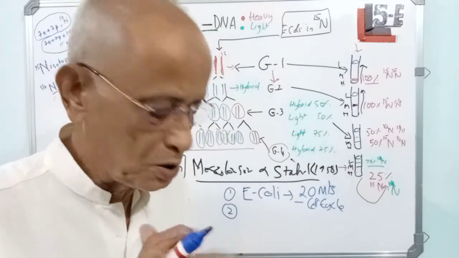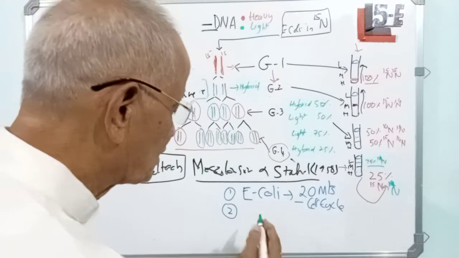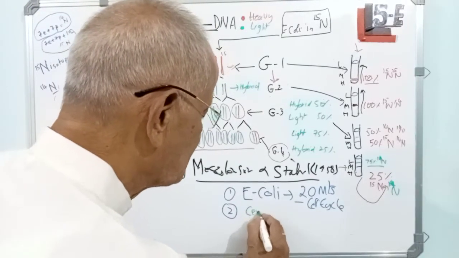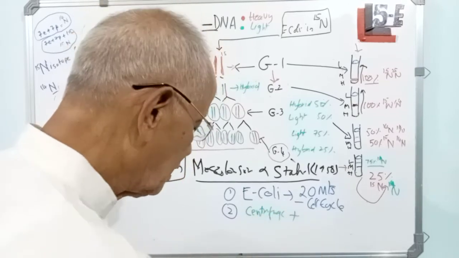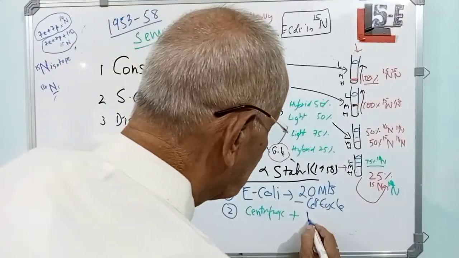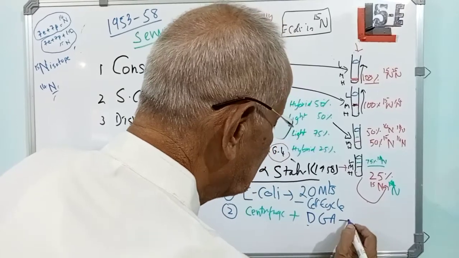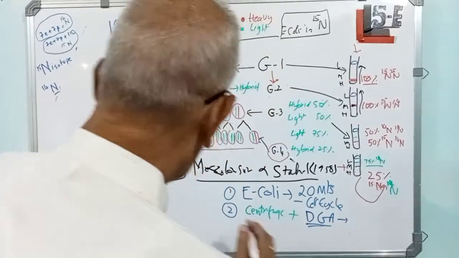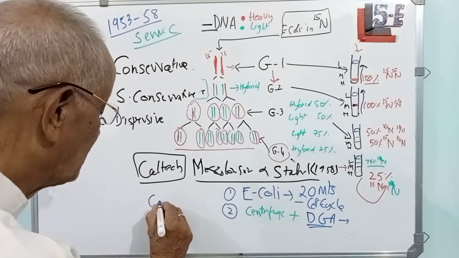At that time they were not known, so they had only one option, using the centrifuge combined with another system called the density gradient analysis. For that they used a material called cesium chloride.